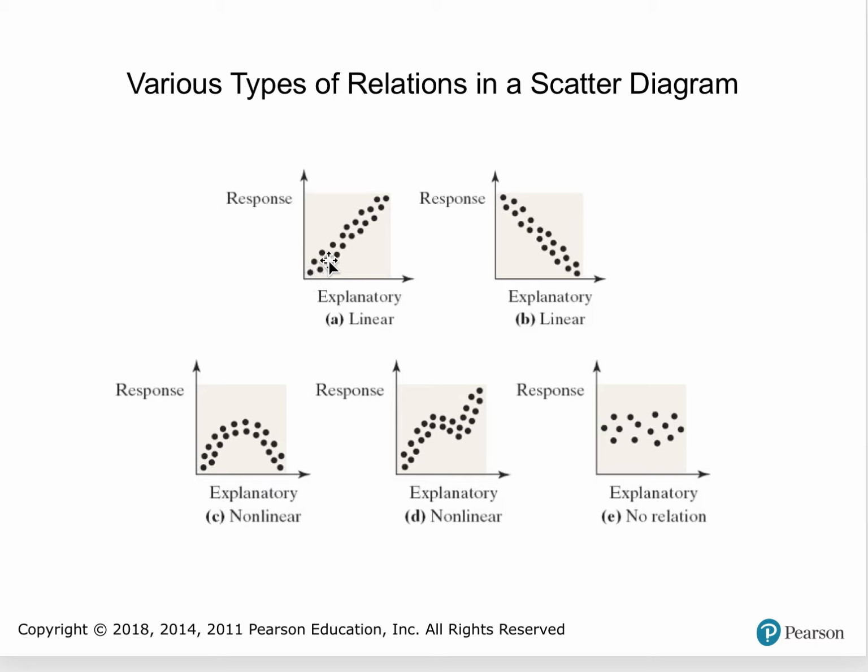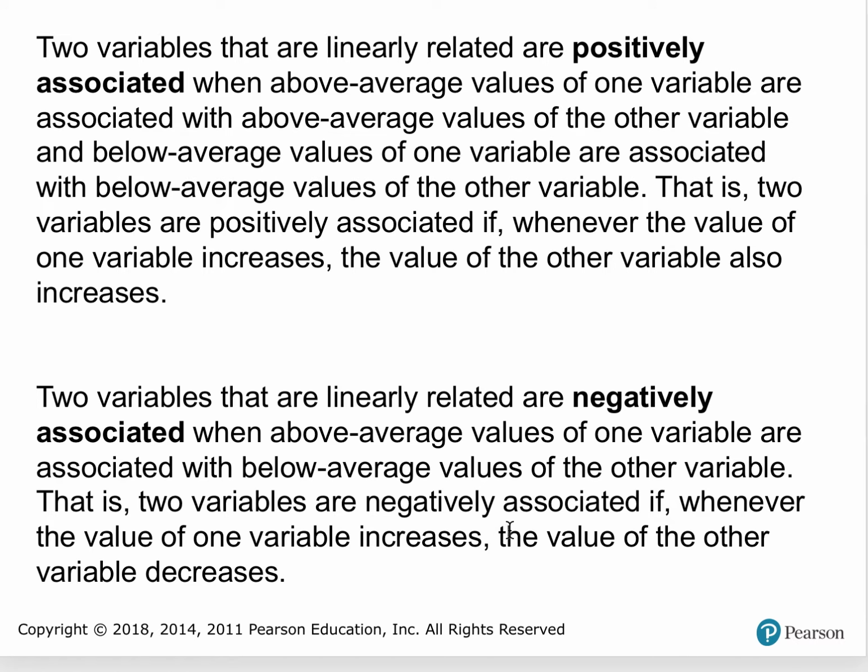We could have linear relationships that basically slope up or slope down. Okay, two variables that are linearly related are positively associated when above average values of one variable are associated with above average values of the other variable, and below average values of one variable are associated with below average values of the other variable.